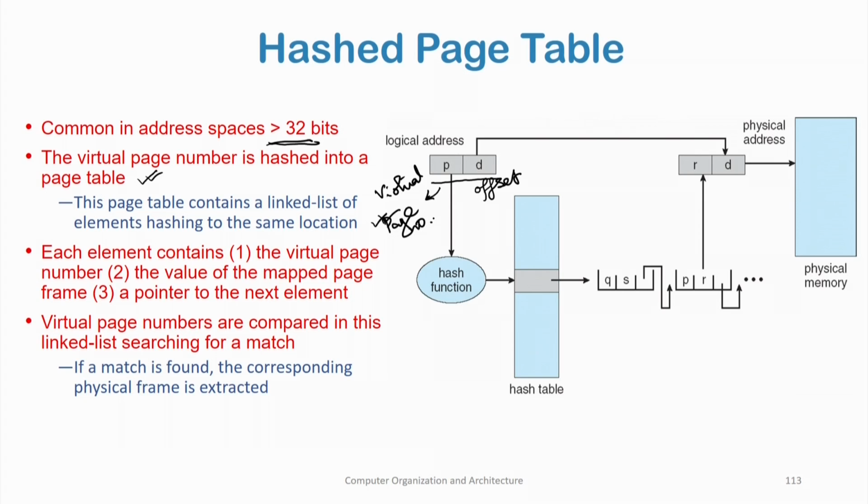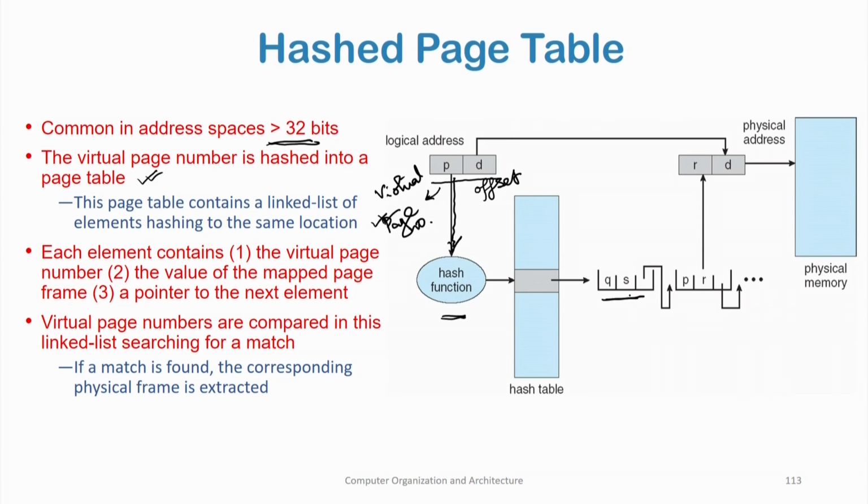Now, this virtual page number part of the virtual address or logical address is used as a hash function, and it hashes into the page table. Each entry in this page table contains a linked list of elements.